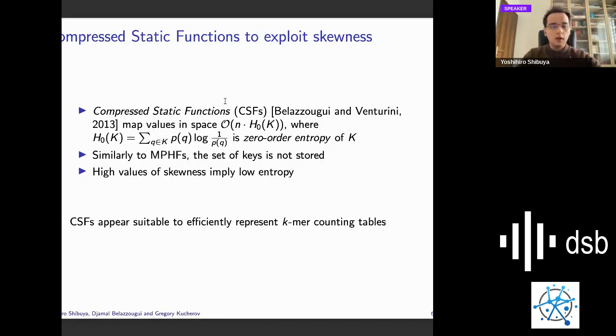So in theory, with skewed distributions where the entropy is expected to be low, they should be much more efficient than minimum perfect hash functions. So we want to apply them to the problem of compressing k-mer counting tables.